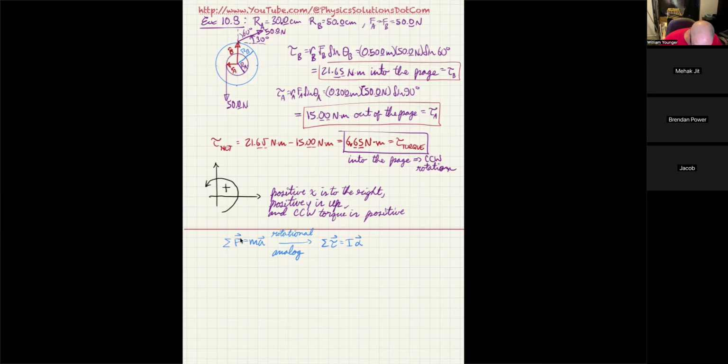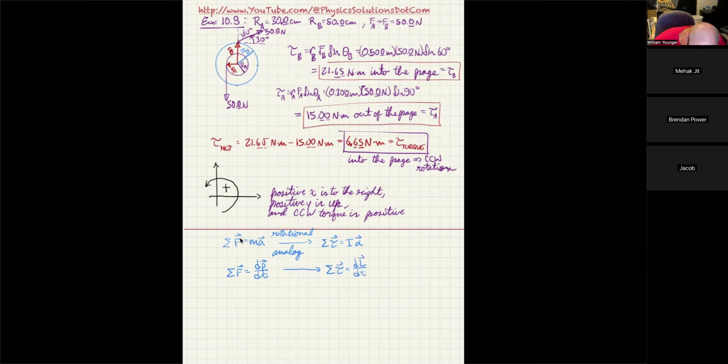So that's equivalent. We also learned another way, which is the summation of the forces is equal to dP/dt. And of course, the rotational analog for that one is the summation of the torques is equal to dL/dt.